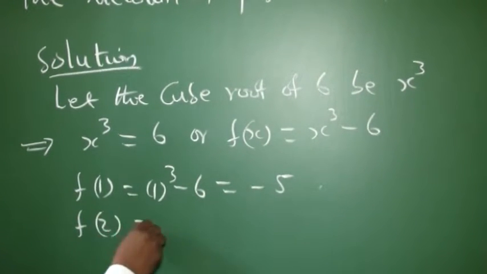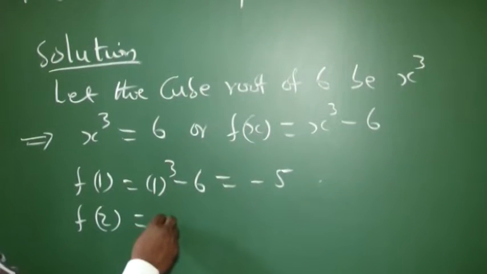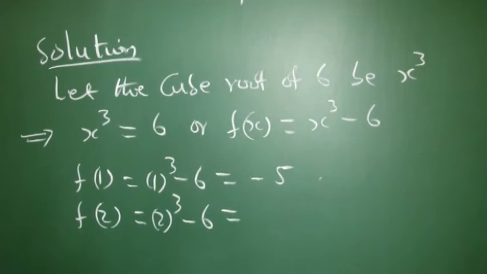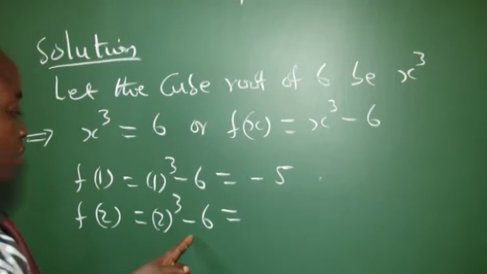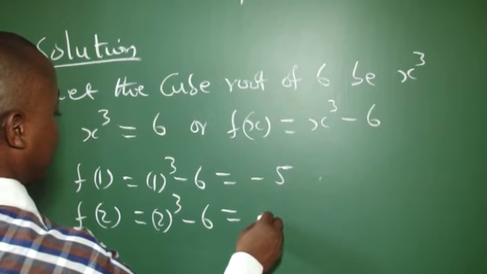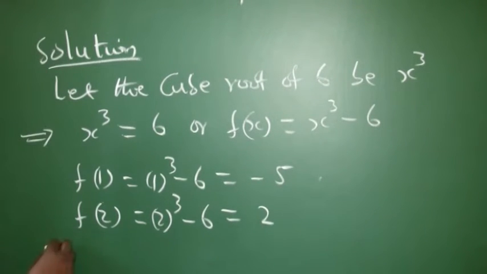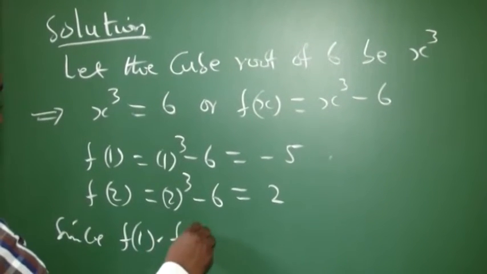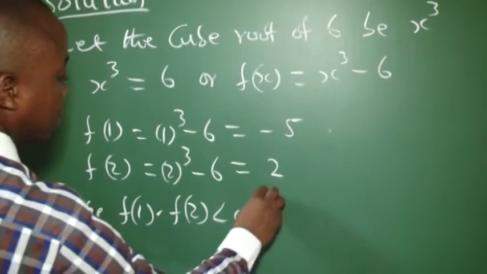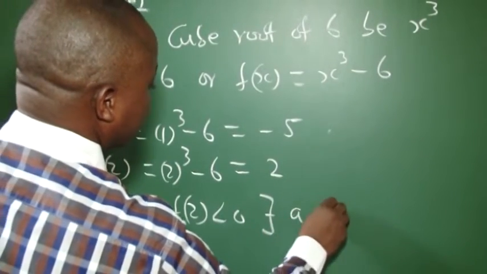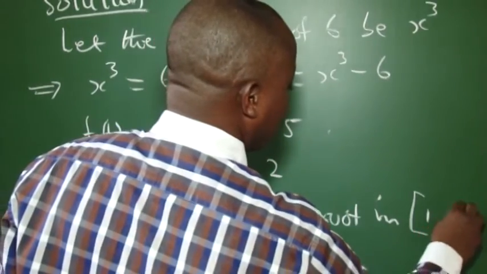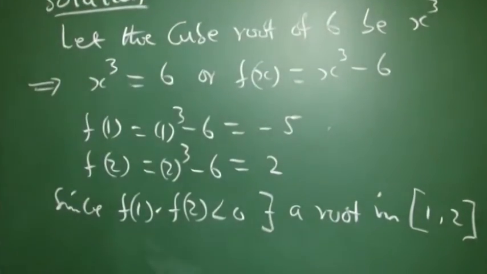F of 2 will be 2 cubed minus 6, which is 8 minus 6, which is 2. Since f of 1 times f of 2 is less than 0, there exists a root in the interval 1 and 2.